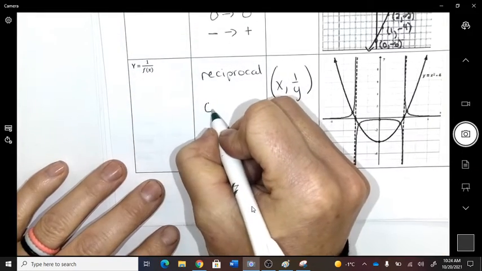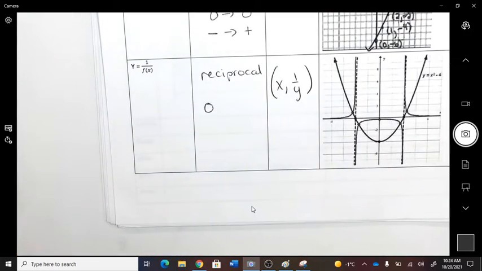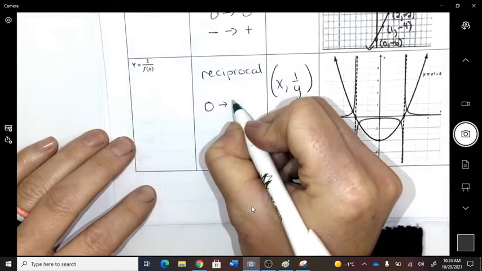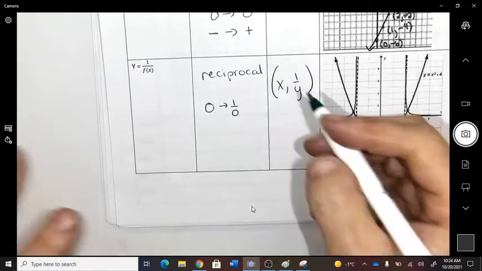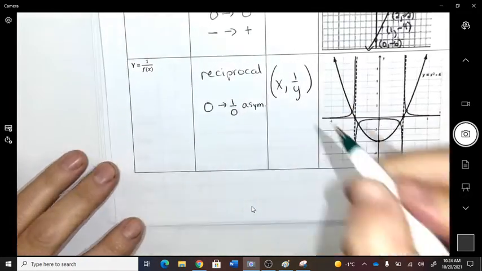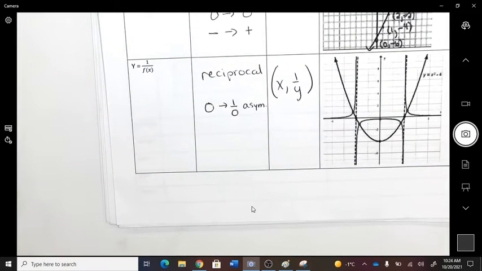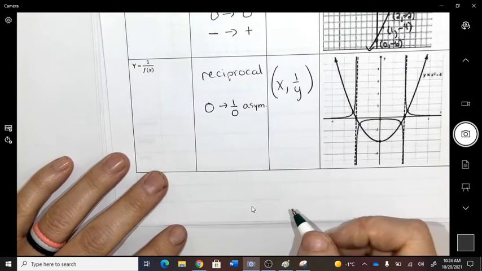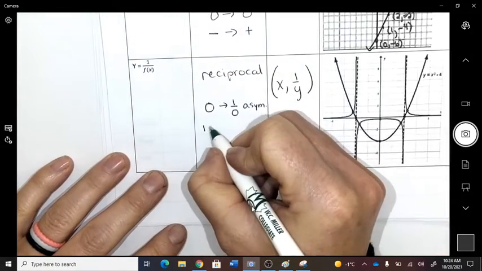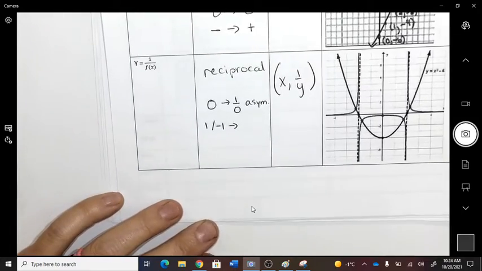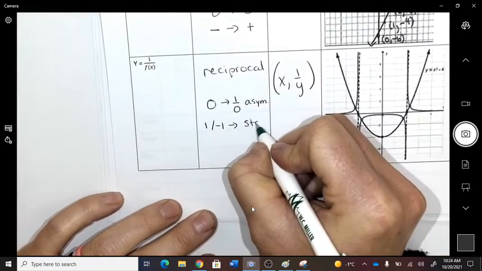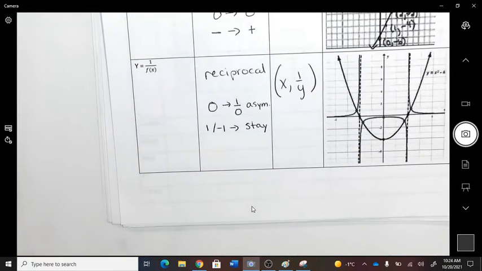So the first thing is I always started with heights of 0, because heights of 0 reciprocate to 1 over 0, which results in an asymptote. Then I did heights of 1 or negative 1, because those heights will stay, because 1 becomes 1 over 1. Same thing, doesn't do anything.